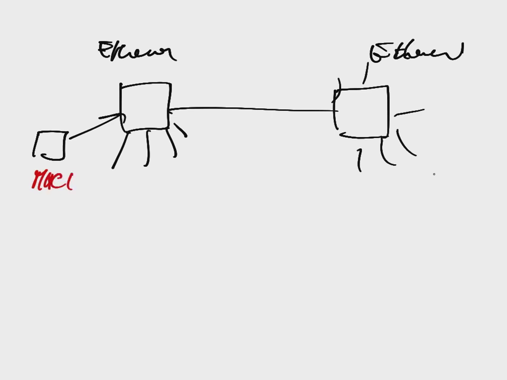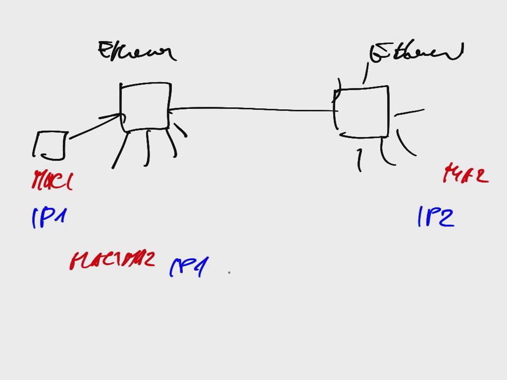So here it's MAC address 1, let's say MAC address 2, IP address 1, IP address 2. So when it sends this data, the Ethernet frame looks something like this. It sends from MAC address 1 to MAC address 2, and the internal data is something like it sends from IP address 1 to IP address 2, and so on.